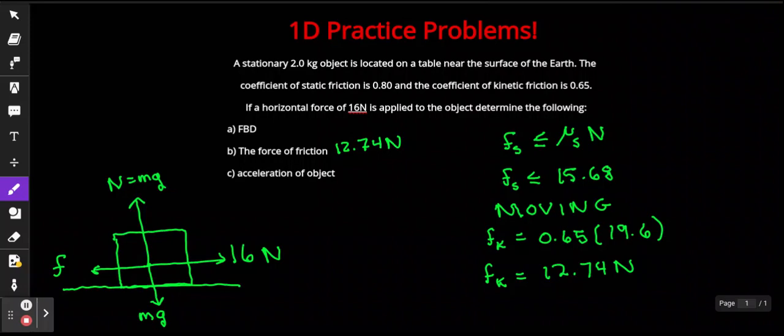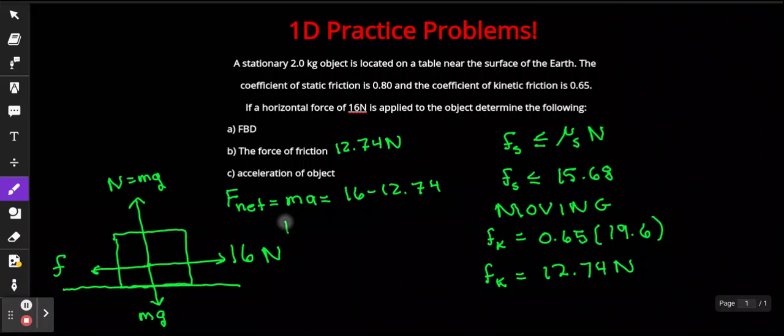Okay, now we have our friction. So now we have to figure out a net force equation for the horizontal plane because our vertical plane already cancels out to 0. So F net equals ma, which equals 16 minus 12.74. So 16 minus 12.74 is going to give us 3.26.